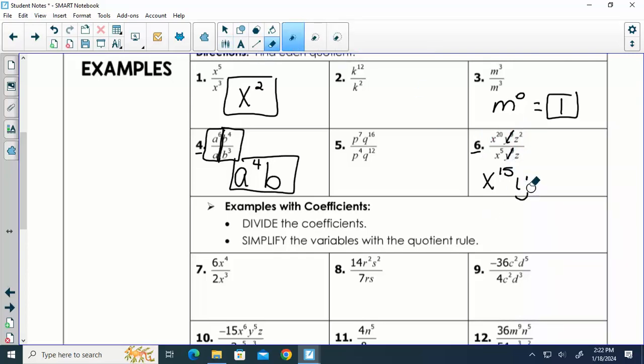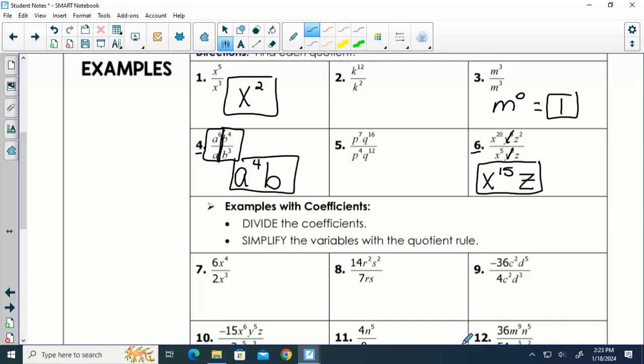It's a y to the 0, which is 1. Or you could drop your y. Z to the 2nd divided by z. Just z to the 1st. Okay. Any questions so far on this? Okay.